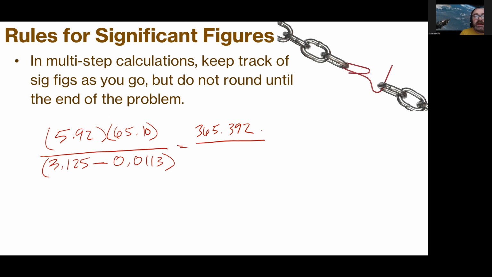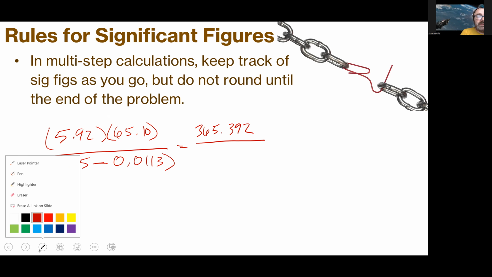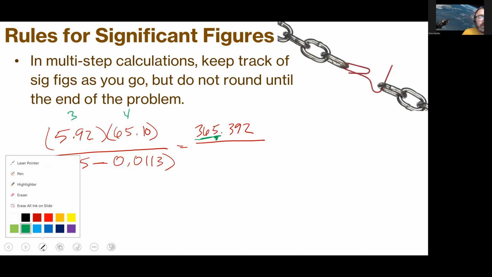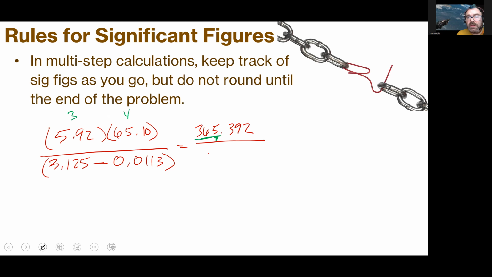This was 3 significant figures and this was 4, because we're multiplying, so this answer should have 3 significant figures: 365. On the bottom, we have 3.125 minus 0.0113.